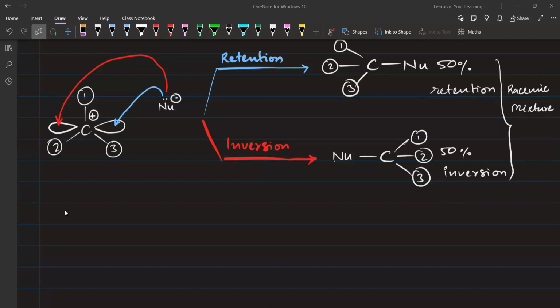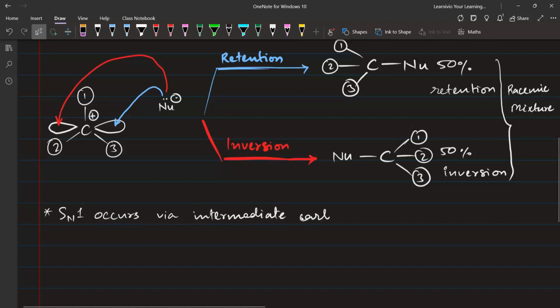चलिए, इसके बाद लिखिएगा: SN1 occurs via intermediate carbocation. Therefore, the rate of SN1 is directly proportional to the stability of carbocation.